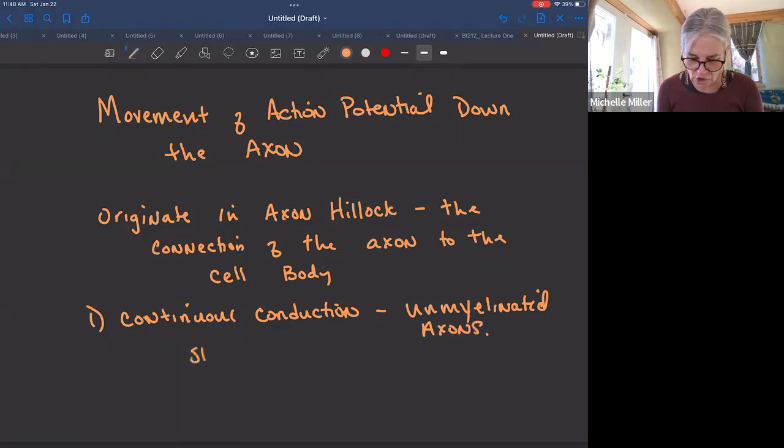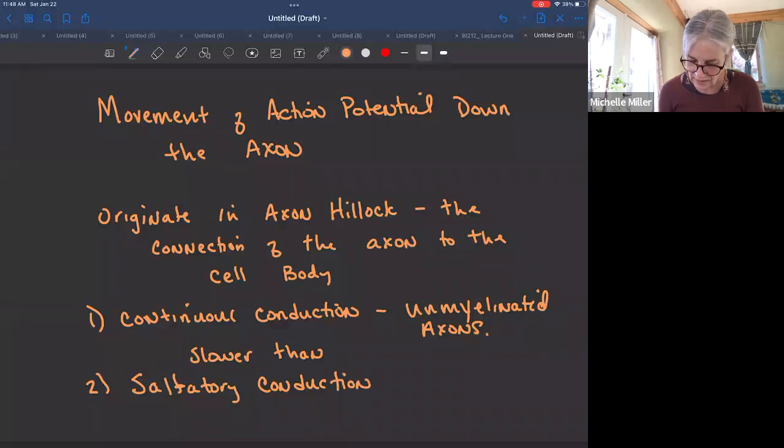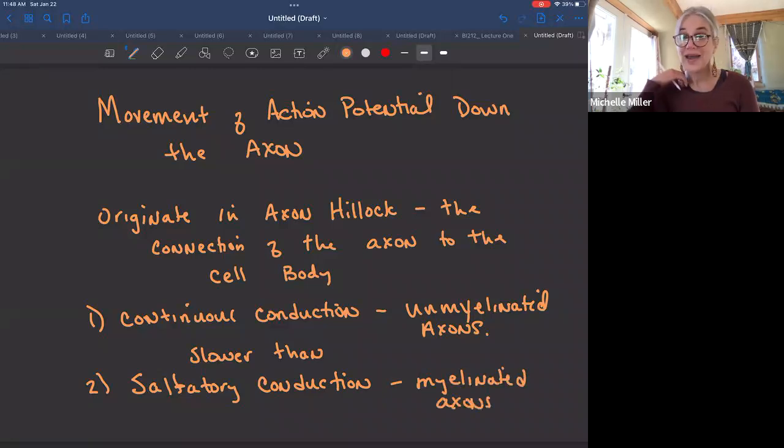And it is slower than the other type of conduction, which is called saltatory conduction. Saltatory means jumping. So this would be myelinated axons, and most of your axons in your body are myelinated.